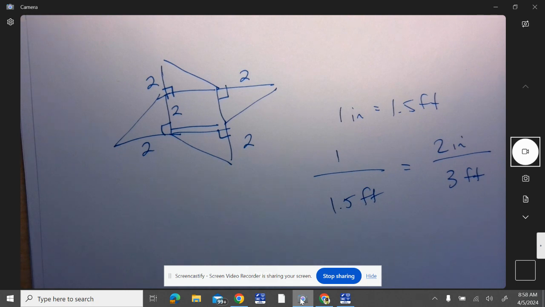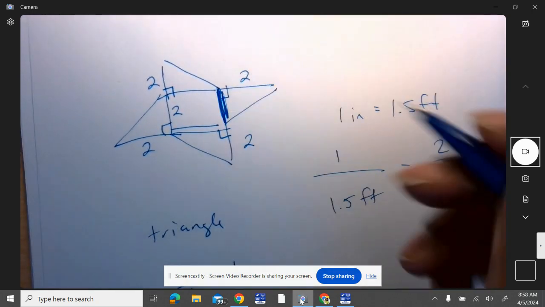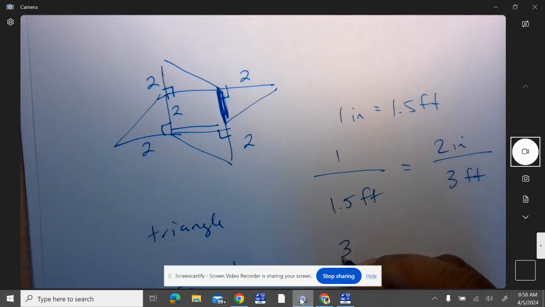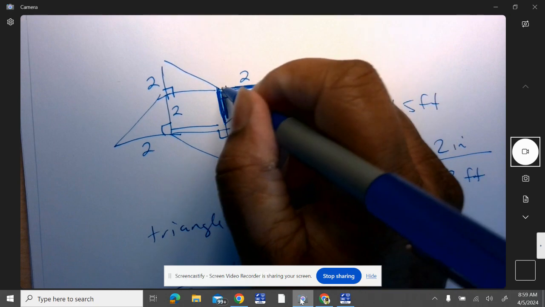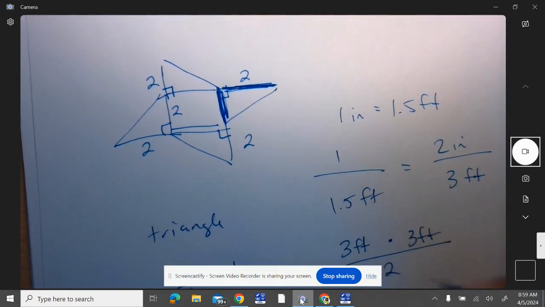Okay, so let me go ahead and do the formula for a triangle, which is 1/2 base times height. Okay, and so then what you will have is the base here is really 3 feet times the height here, which is really 3 feet, all divided by 2.